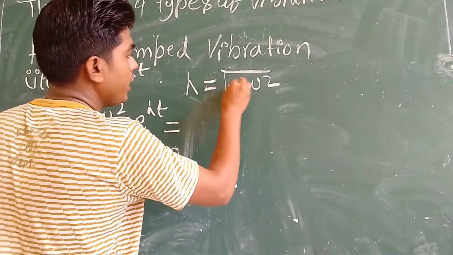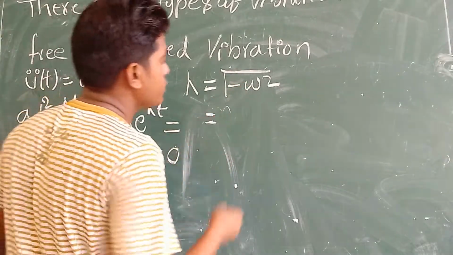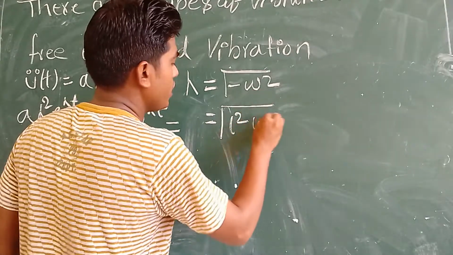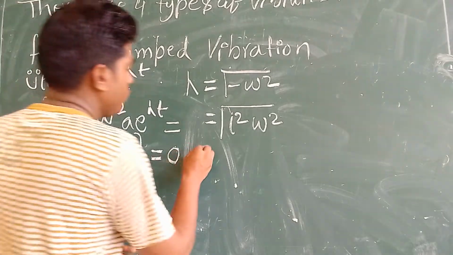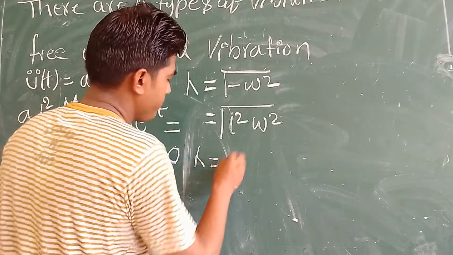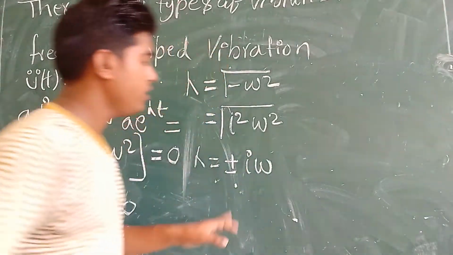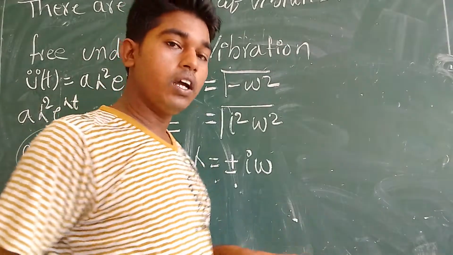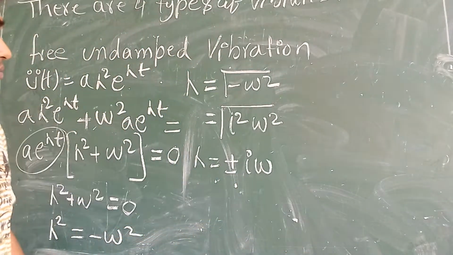The root of minus 1 is i, so this is i square omega square under the root, which gives i omega, the complex number unit. So lambda is equal to plus minus i into omega.